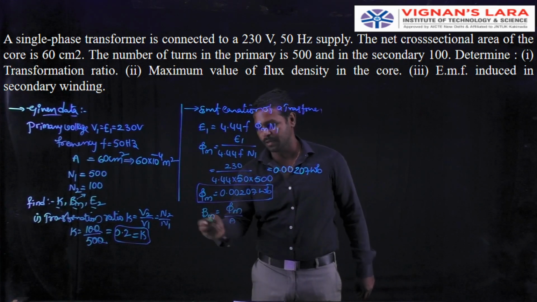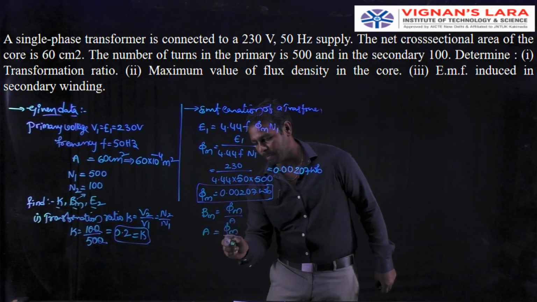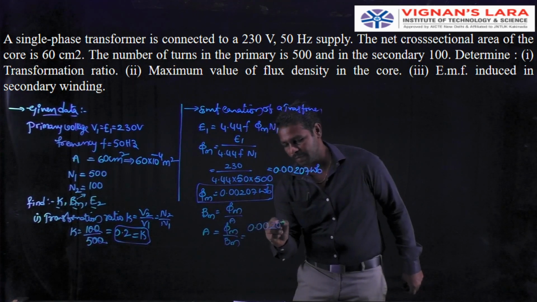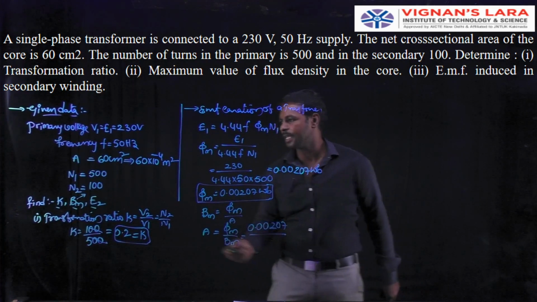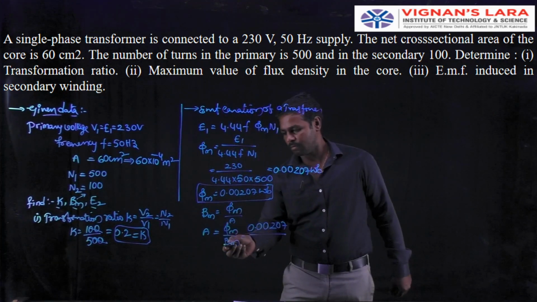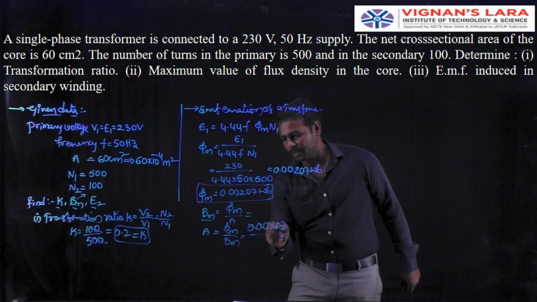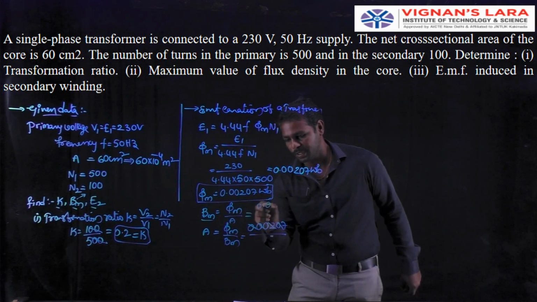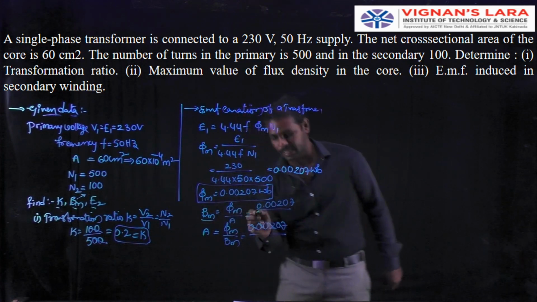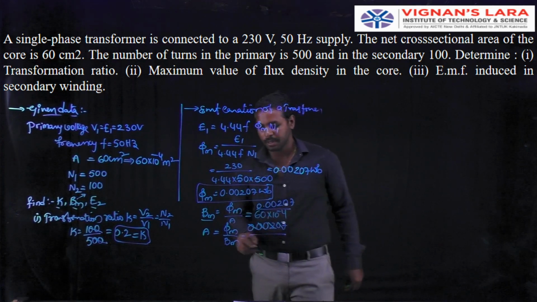Bm is the value to be found. Bm is equal to phi m divided by A, which is maximum flux density. So directly substituting the given parameters, phi m is equal to 0.00207 divided by area of cross section, 60 into 10 power minus 4.